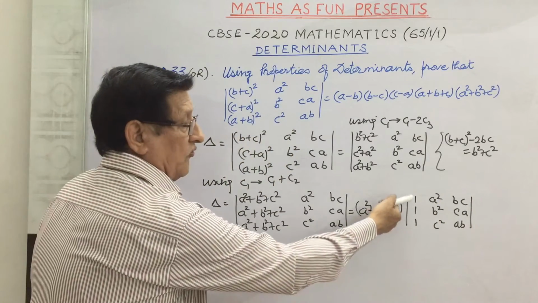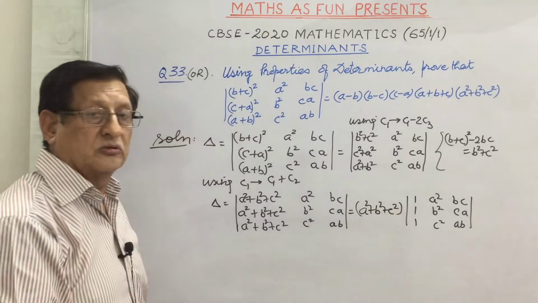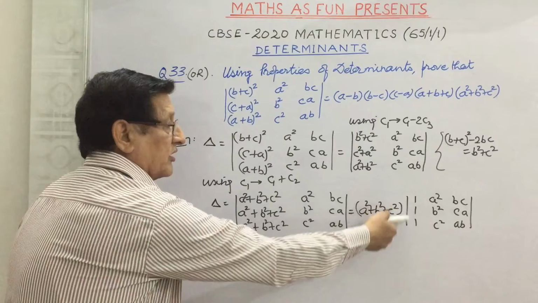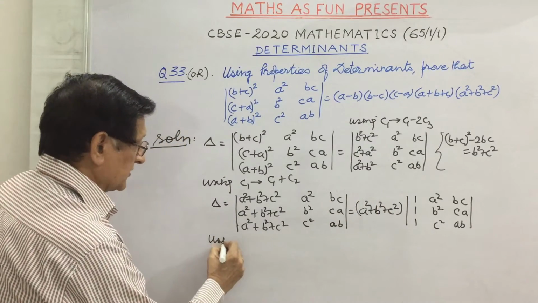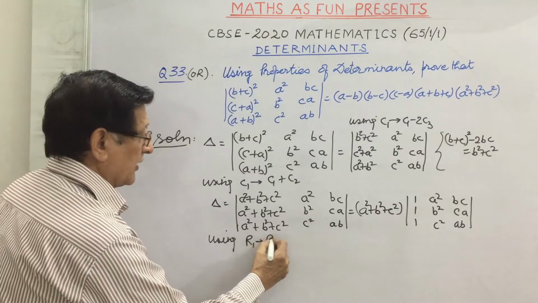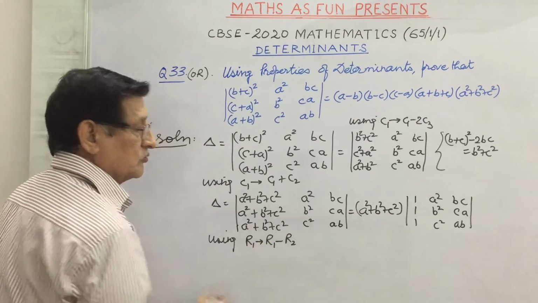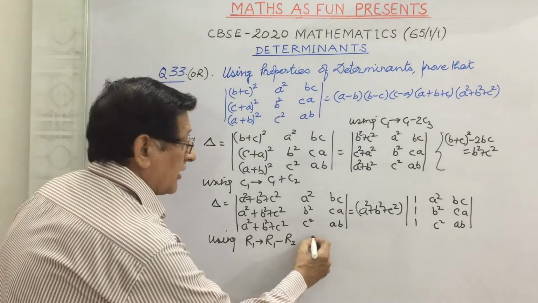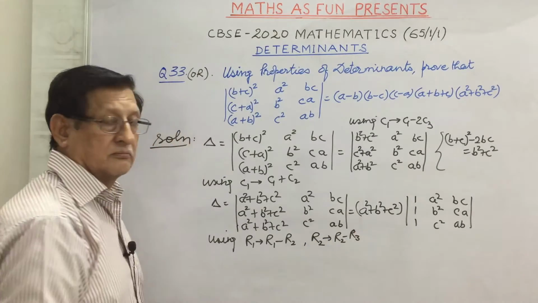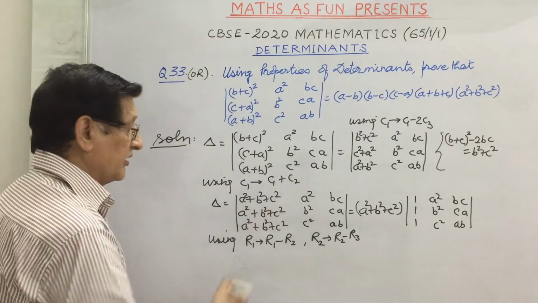Now, better is if we make two zeros in any of the column or row, and we find it easy here. We can use the property, that is in R1 we can apply R1 minus R2, and in R2 we can apply R2 minus R3. What we get here?